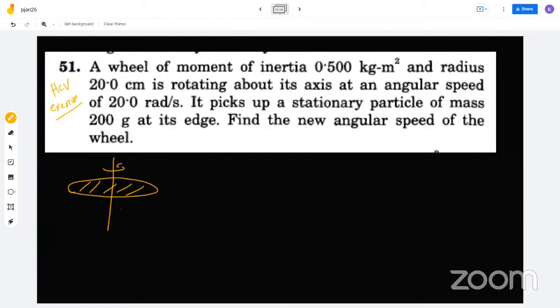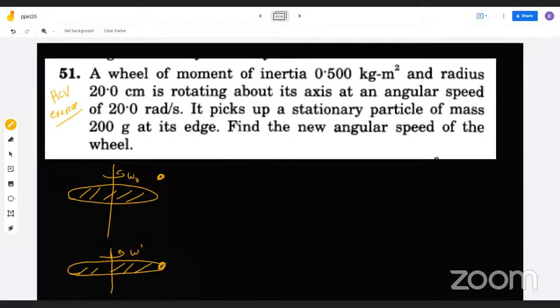And there is a stationary particle like this. और ये जो है इसके edge पे आ जाता है. And finally, initially only the disk was rotating, and finally अब they will rotate together. Omega dash, new angular speed.